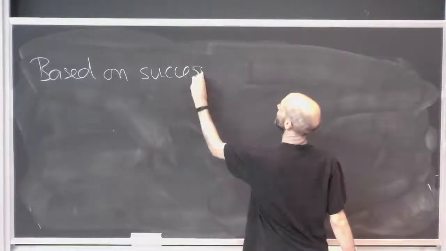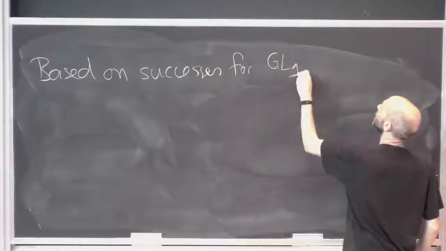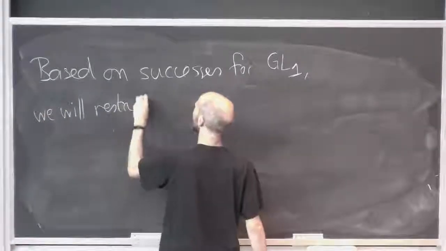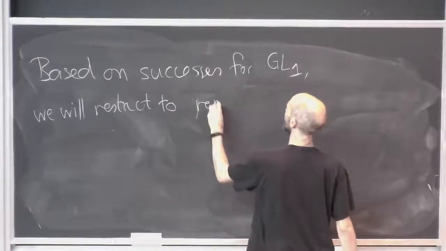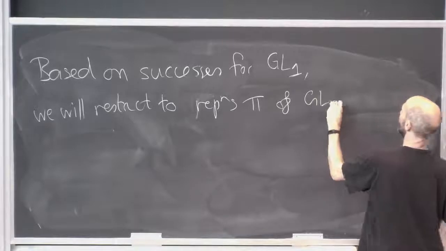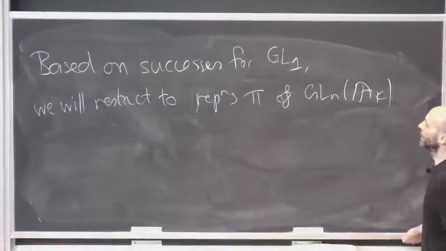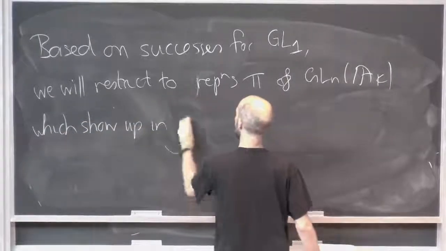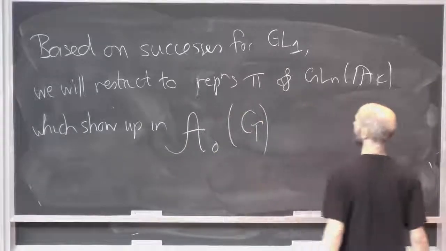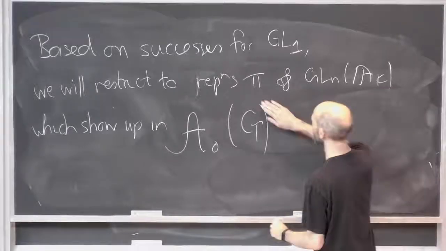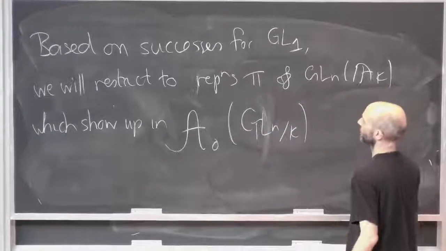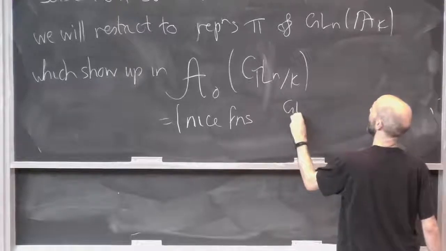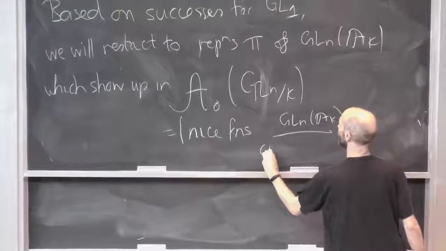Put it there. Based on successes for GL1, we will restrict to representations pi of GLN of the Adeles of K which show up in A0 of G, or A of G. I mean A0 of GLN over K, which is going to be the space of nice functions from GLN of the Adeles of K over GLN of K. Oh, I better not write it like that.